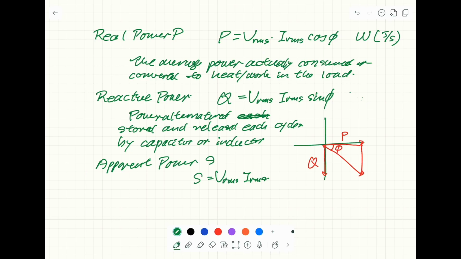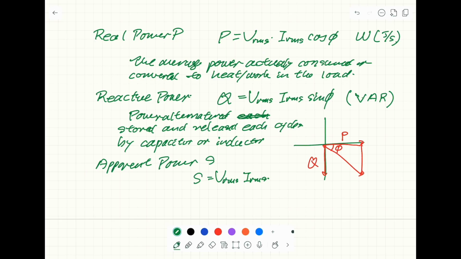So therefore, instead of writing W, joule per second, we write VAR. You can treat VAR as joule per second, but it reminds you of the nature of this reactive power.